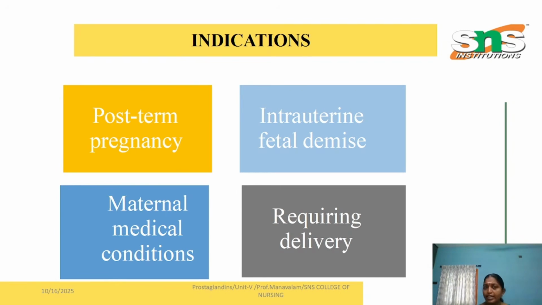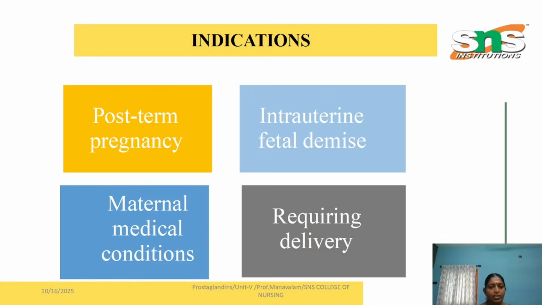Let us see about the indications. It is more commonly used in case of postterm pregnancy for induction of labor. Sometimes when any fetal demise happens in utero itself, in order to deliver the baby, they are using this.